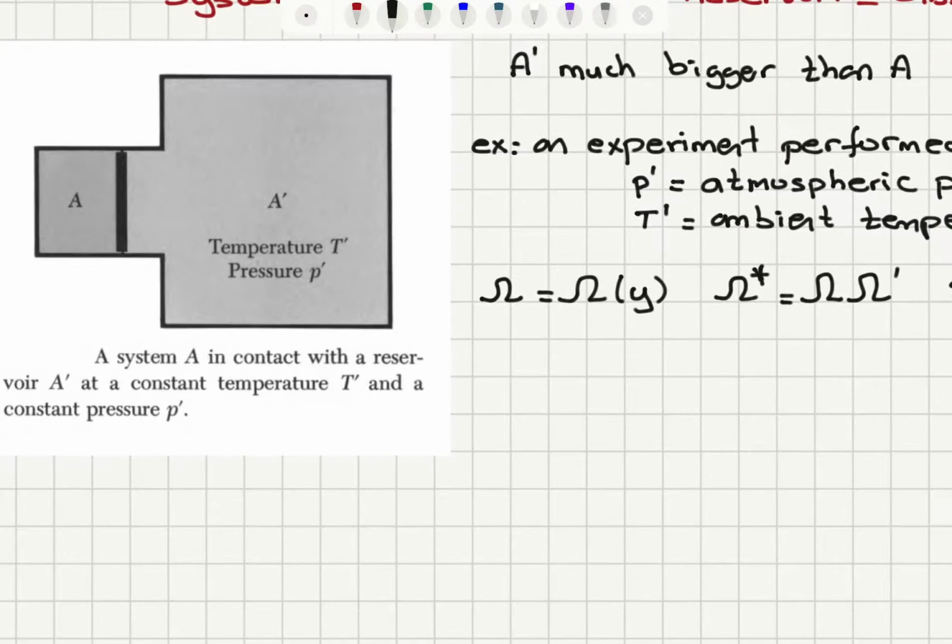So we have the total system A plus A prime is A star, which is isolated.